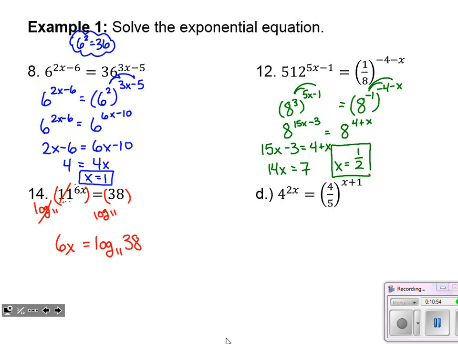I couldn't simplify that, but you know what? My calculator can sure handle it. So all I need to do in the calculator is type in log base 11 of 38 divided by 6. And I'll get an answer of 0.2528.